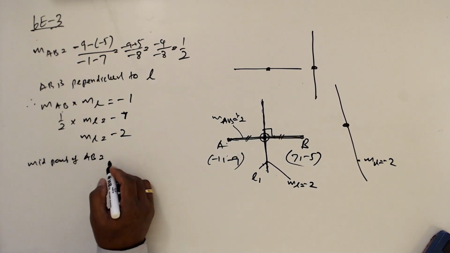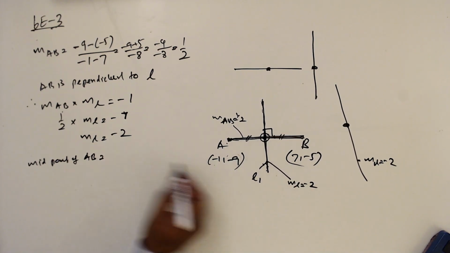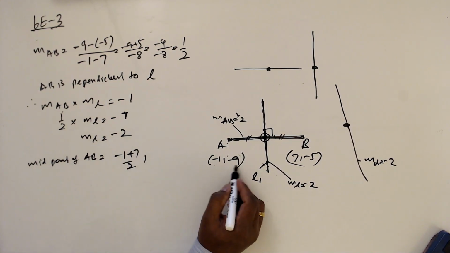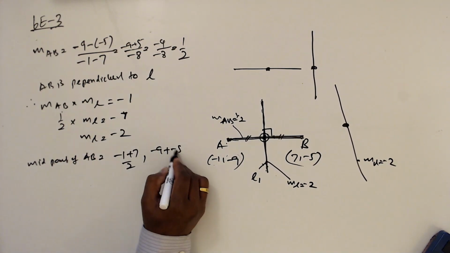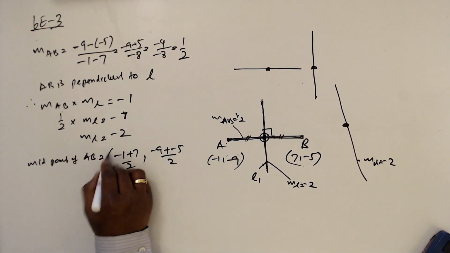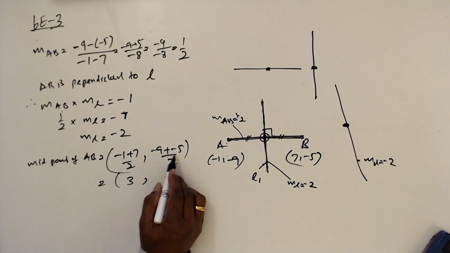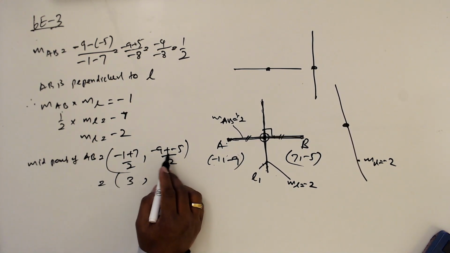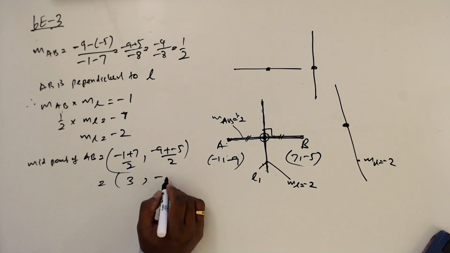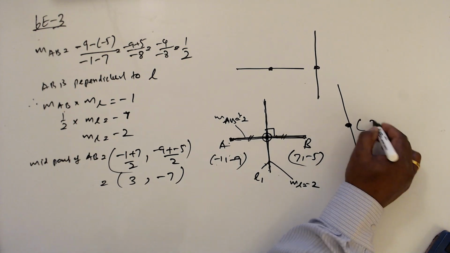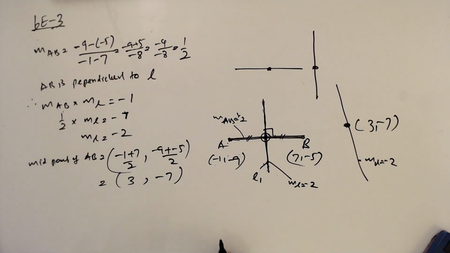How do you find the midpoint? x1 plus x2 divided by 2, minus 1 plus 7 divided by 2, and y1 plus y2 divided by 2. So this is 6 divided by 2, which is 3, and this is 14 divided by 2, which is minus 7. Now 3, minus 7 is on this line.